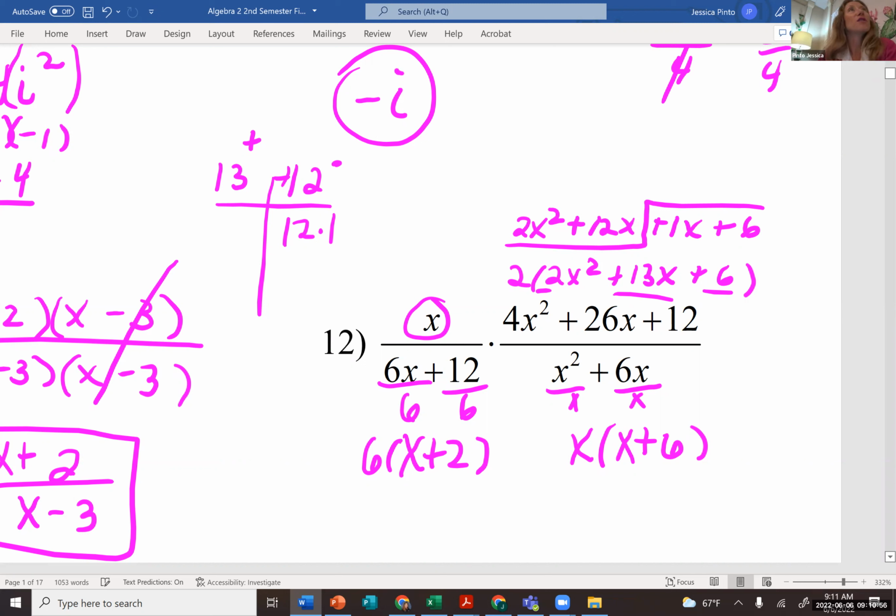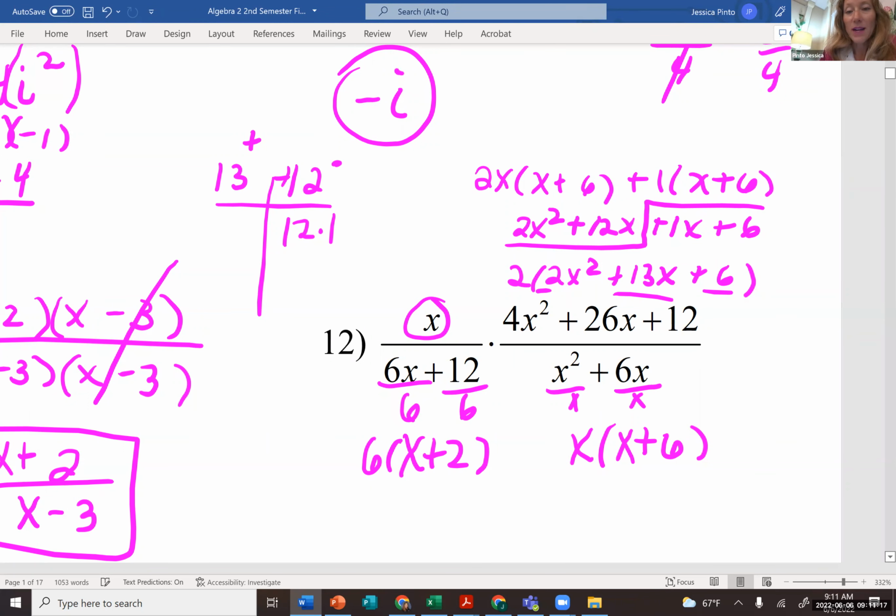So in the first 2, I can definitely take out a 2x. And when I do that, I'm left with x plus 6. In the back, I can't take out any specific value, so I'm just going to write plus 1 and then x plus 6. Because the binomials match, I feel happy and good.